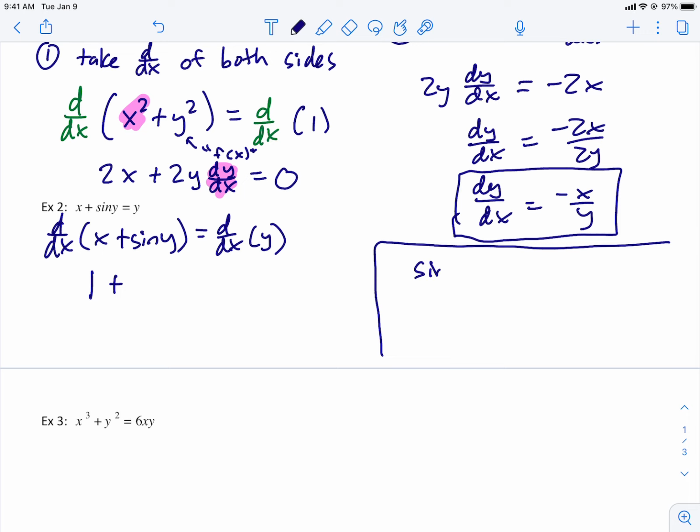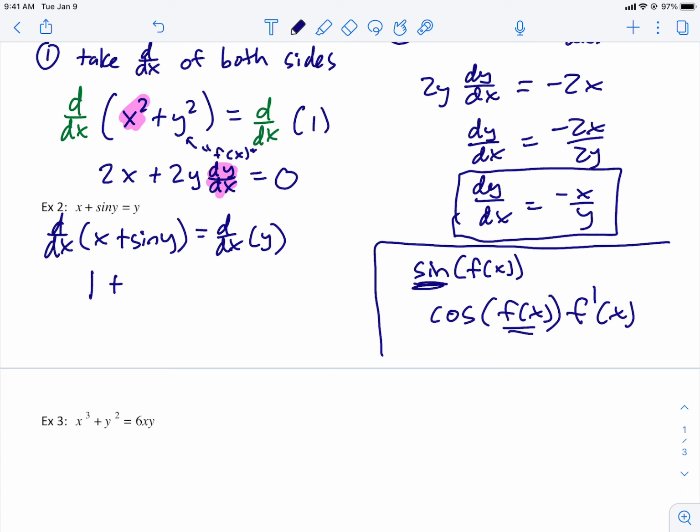Think of this as sine of f of x, and I ask you to find the derivative, just like we did with the chain rule. First you say, oh look, there's a sine here. So we take the derivative of sine as cosine, keep the inside the same, and then we have to take the derivative of the inside, which is f prime of x.